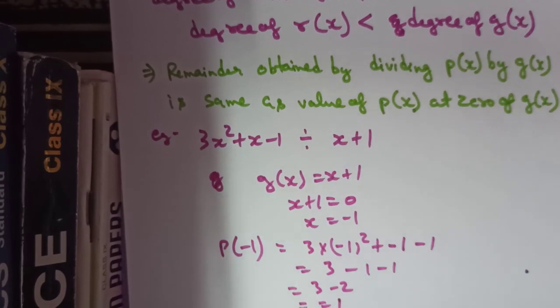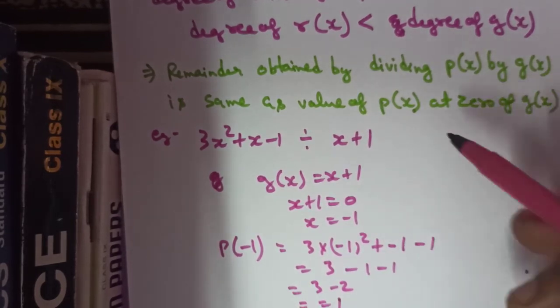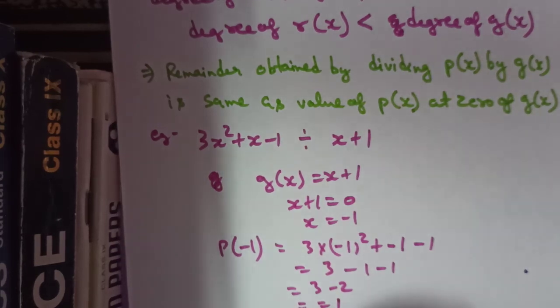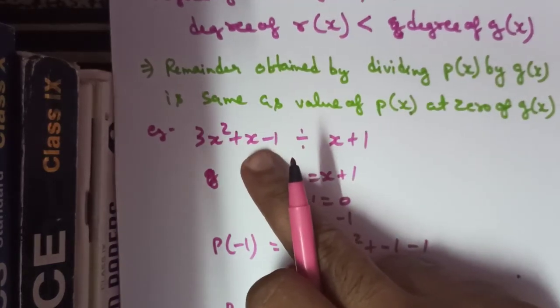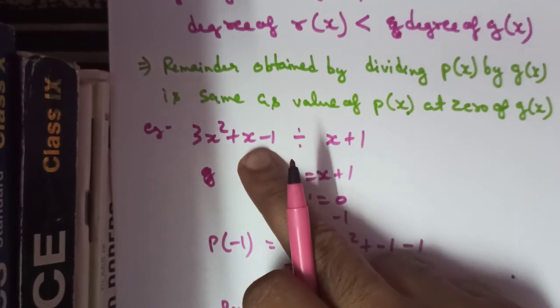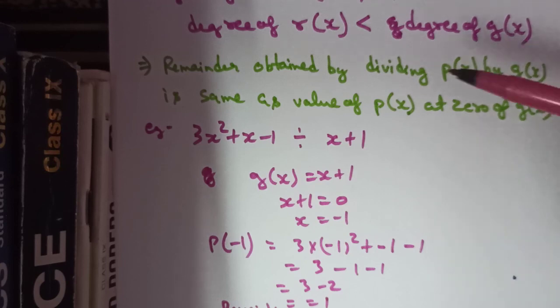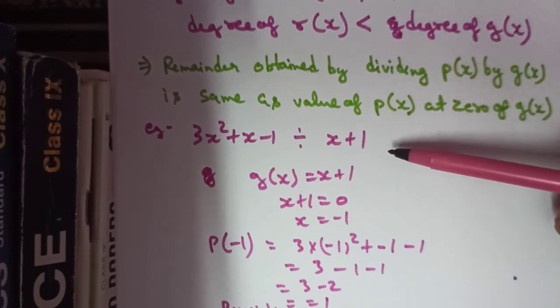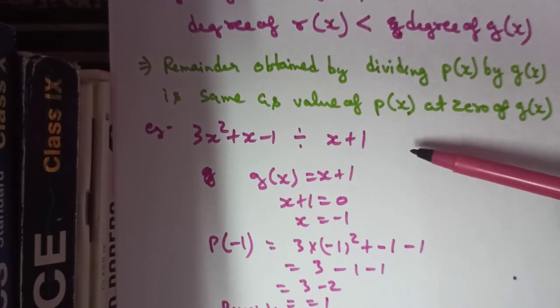So here we have got that the remainder obtained by dividing the polynomial p(x), that is 3x square plus x minus 1, by the polynomial g(x), that is x plus 1, is the same as the value of p(x) at the zero of g(x).